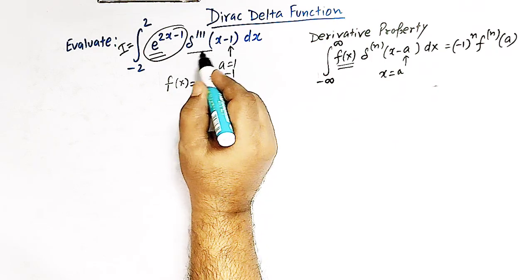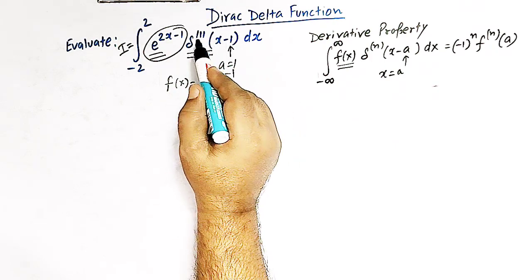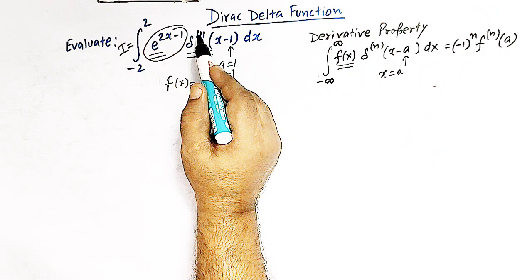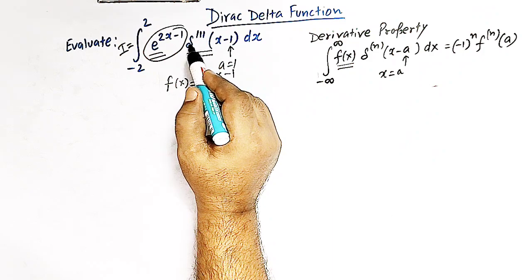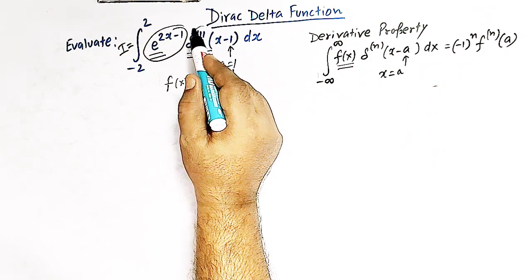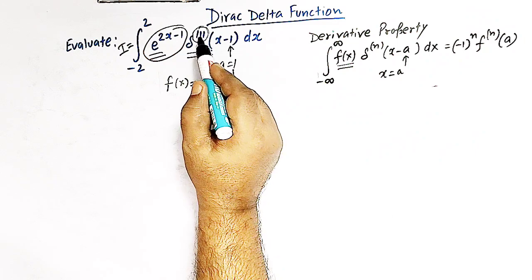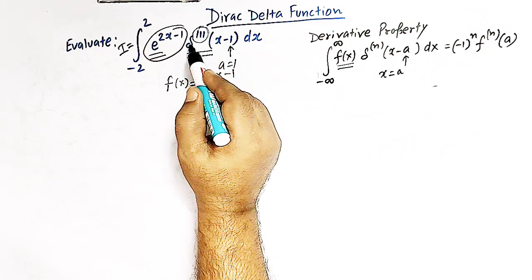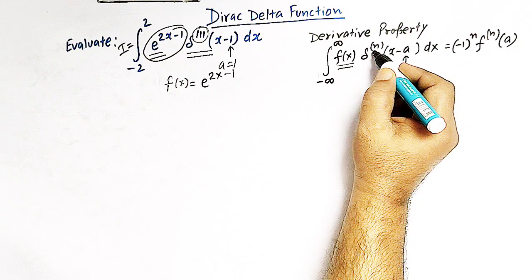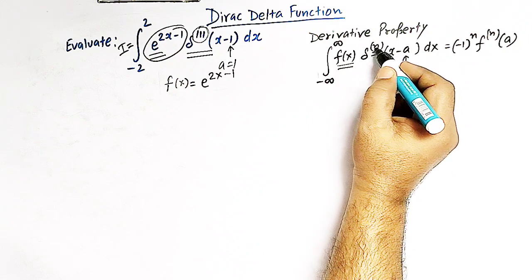So here we see that we have a triple prime, right? That is the third derivative of the Dirac delta function is involved, right? So here these three dashes indicate the third derivative of delta function, and here we have the nth derivative.